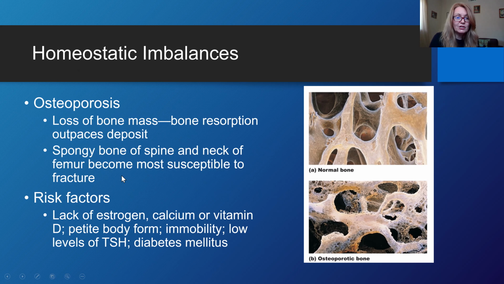Now, risk factors include lack of estrogen. That's why osteoporosis is more common in older females, because when older females go through menopause, the amount of estrogen drops, and estrogen is needed for normal bone functioning and formation, especially for deposition of bone matrix.